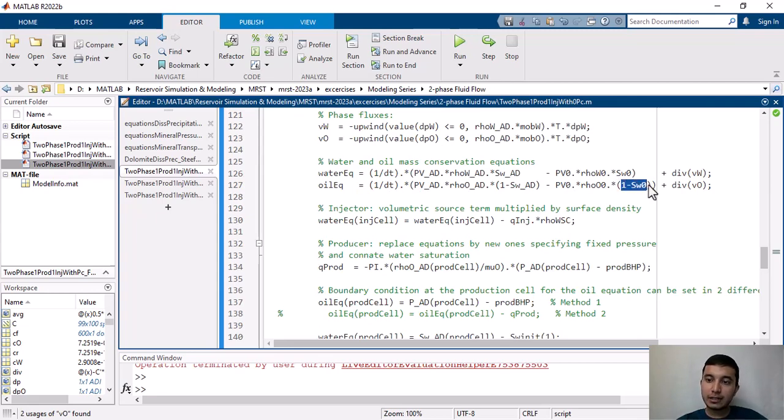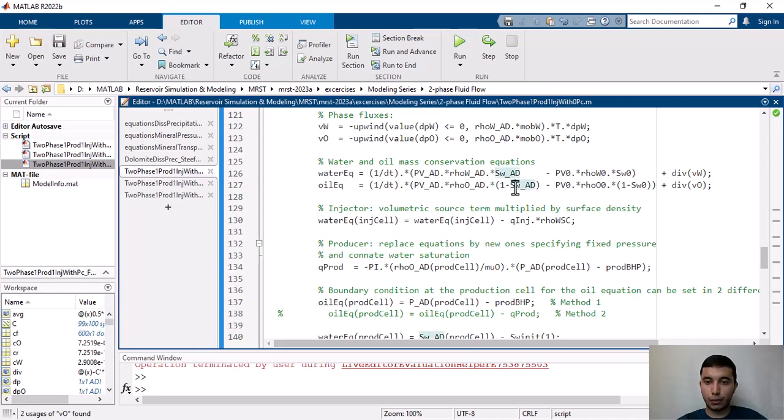This is actually the oil saturation, but I have written the equivalent one, which is 1 minus water saturation. All right, and this is the same. 1 minus water saturation equals oil saturation.